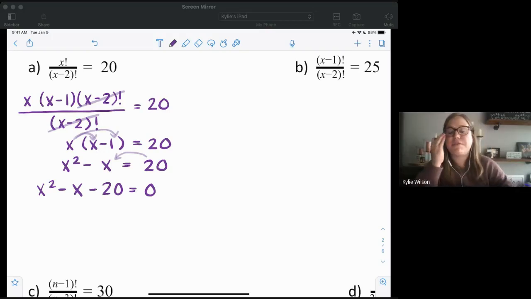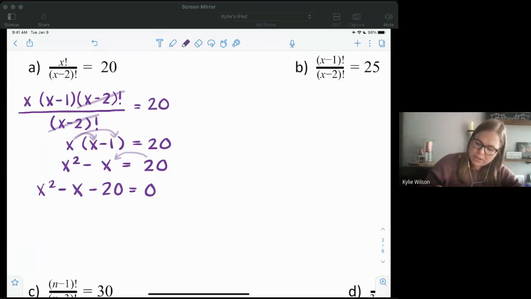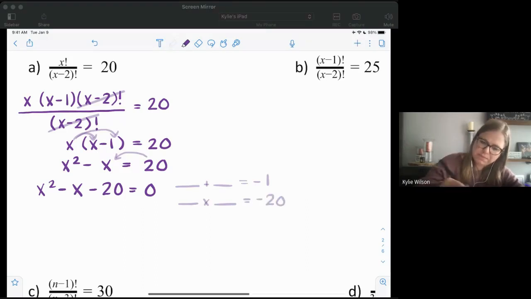Next, we want to factor this. That's the next step. So just like before, we want two numbers that add to the middle number and two numbers that multiply to the last number. Like that.